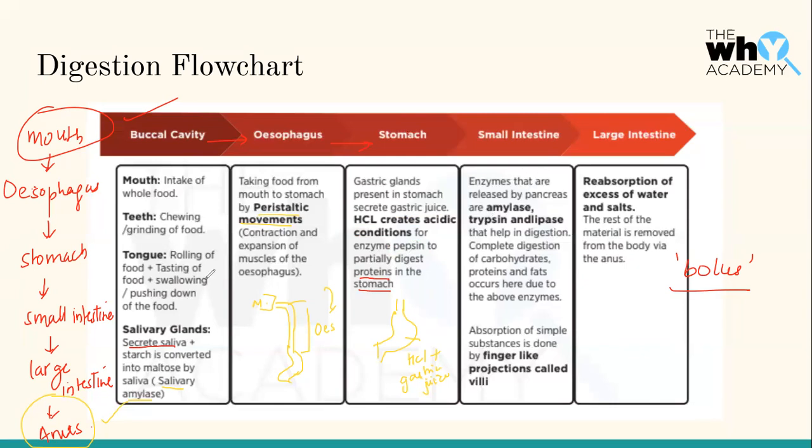Carbs or sugars, their digestion starts in the mouth itself. Protein digestion starts here, and then everything is completed here. No digestion takes place in the large intestine.